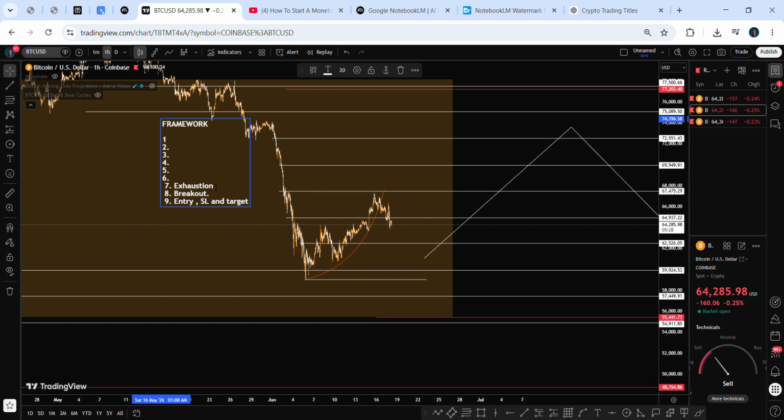Then I've already spotted the exhaustion too. If you check my previous video, that is where I explained that. So then we have a breakout too.